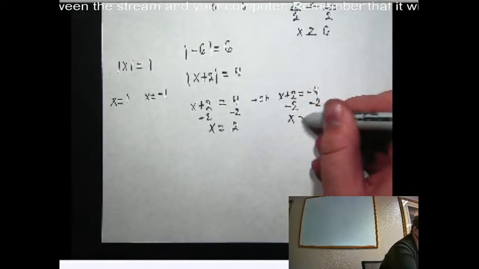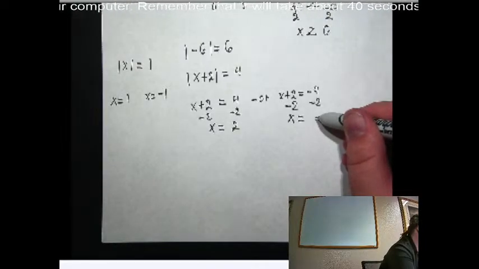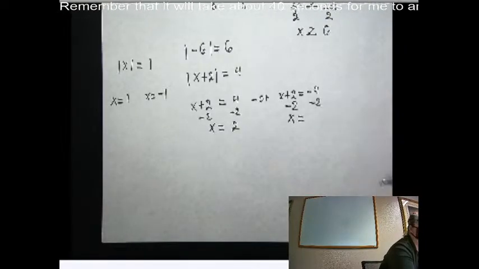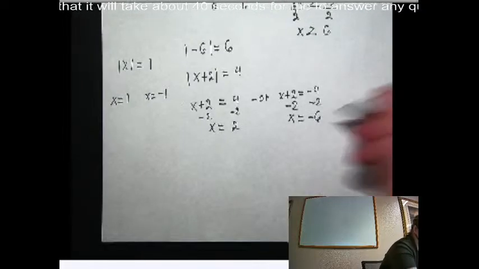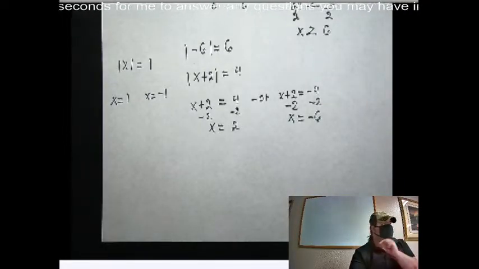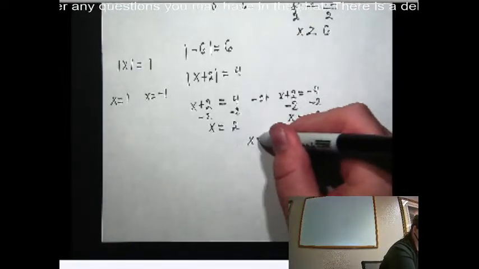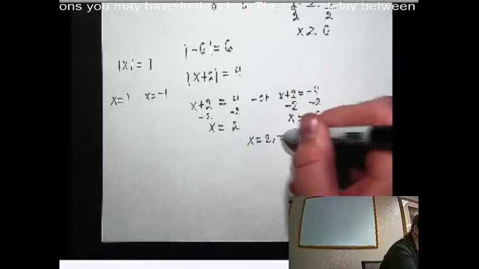That means x could be what on this side? Negative 6. Negative 4 and negative 2 combine to make a bigger negative number. It makes negative 6. So for this, we can say that x can be equal to 2 or negative 6.